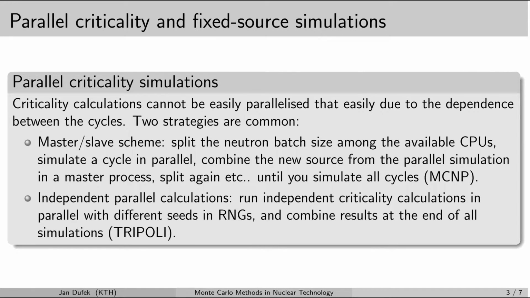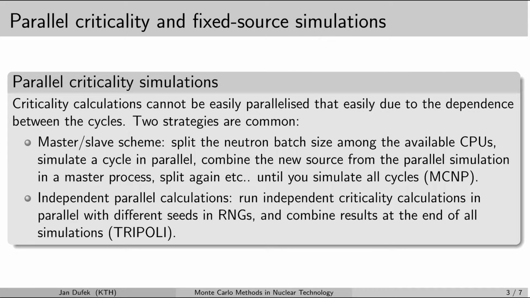Now the master process is controlling the simulation, so it's distributing the neutron histories among the available slaves. So within each criticality cycle, all the neutrons that we want to simulate within the cycle are distributed among the available slave processors.